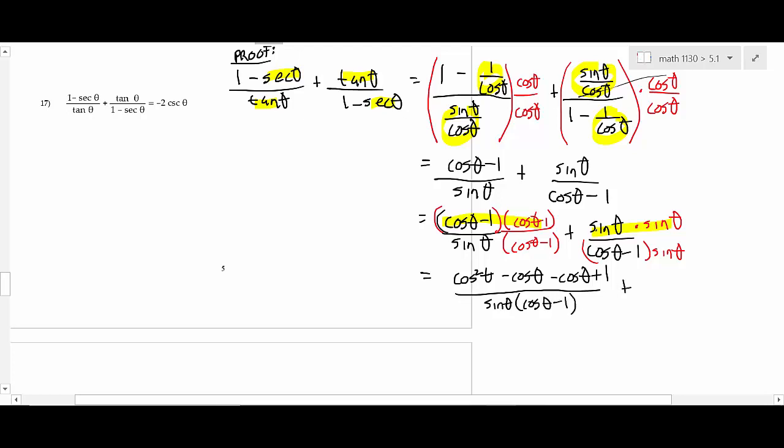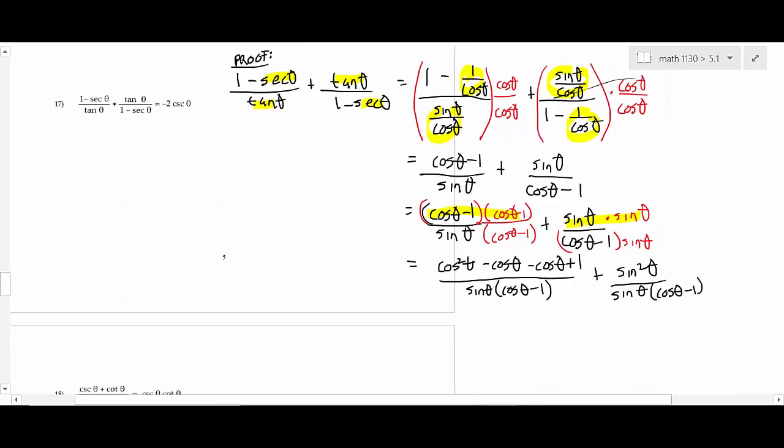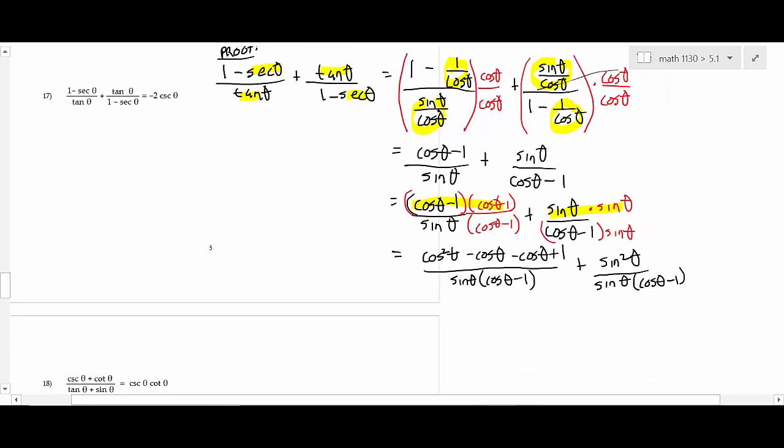And then I go to the next part. That's going to be sine times sine, which is sine squared theta. I'm going to write this in the same order. You don't have to do that, but I'm just choosing to write it in that order. Okay? All right, so this one's getting a little bit complicated with all the terms we have in here.